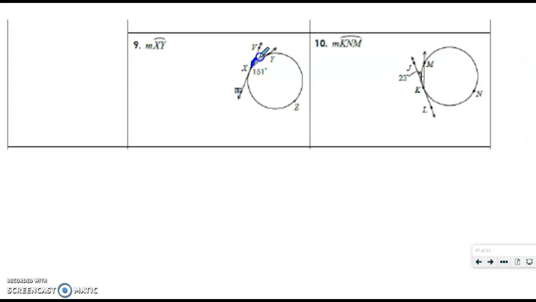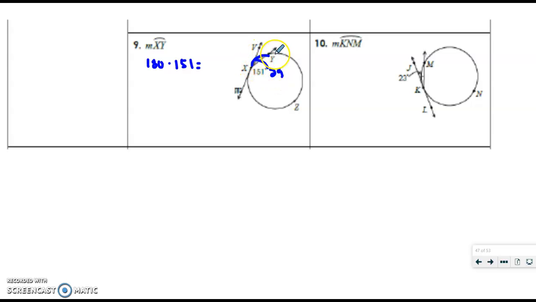XY is right here. I do not know what this angle is, but I could find it. I can find out what this angle is. It's VXY. So 180 minus 151 does get me 29 degrees. So right now I know that this angle right there is 29.